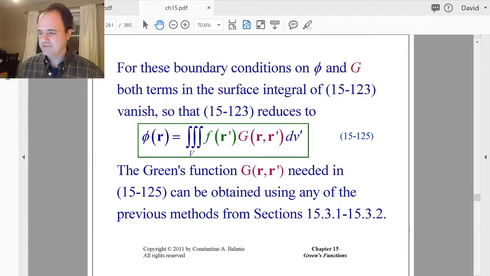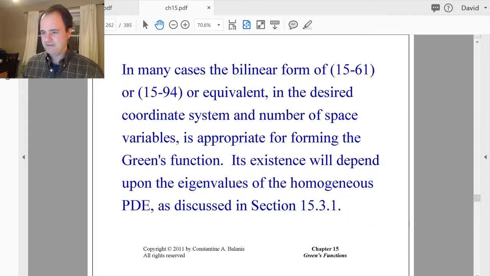For these boundary conditions on phi and g, both terms in the surface integral vanish. So we have that for phi. In many cases, the bilinear forms of 15.61 and 15.94 are equivalent in the desired coordinate system and number of space variables. It is appropriate for forming the Green's function. Its existence will depend upon the eigenvalues of the homogeneous problem.